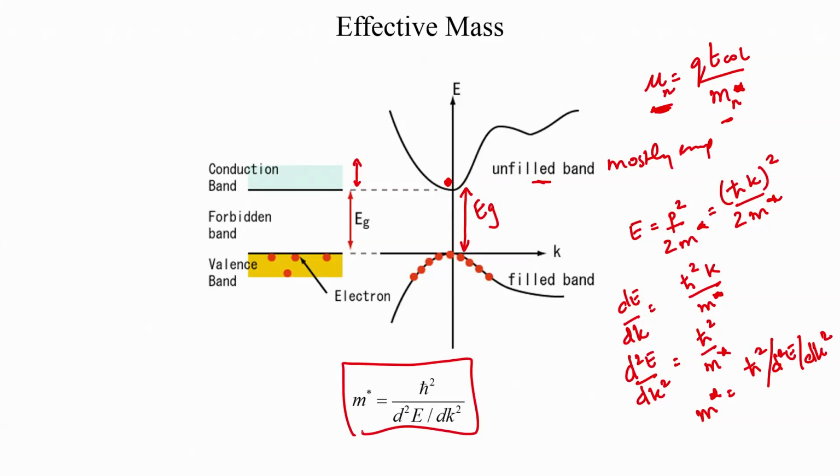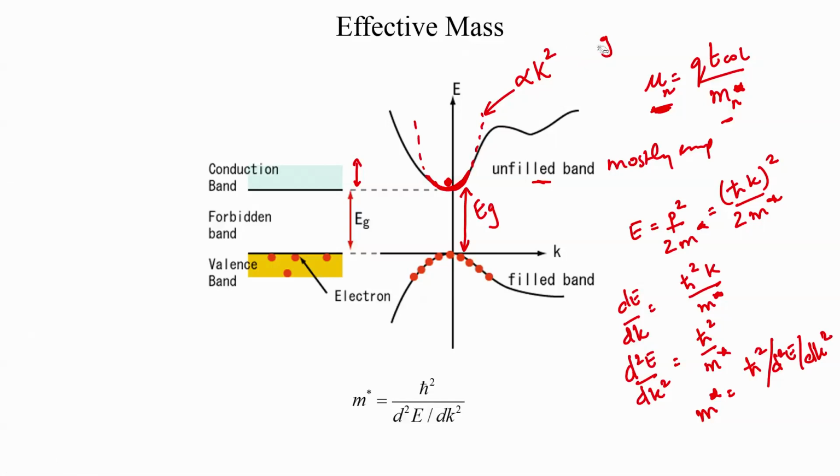So, if we have the E-k diagram for a crystal, we take this E-k region which the electron occupies in the conduction band, and we fit the best fitting parabola to this region. Let us say that parabola has a relation such as alpha k squared plus a constant, let us say that is Eg.